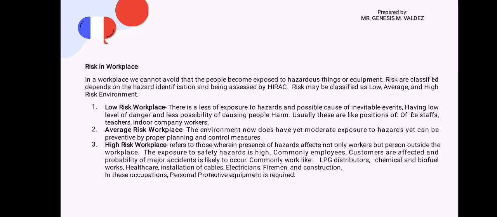Okay, let's talk about the risk in workplace. Ano po yung mga yan? Of course, workplace hazard or risk in a workplace can be overlooked since the business minsan kadalasan hindi po sila aware.